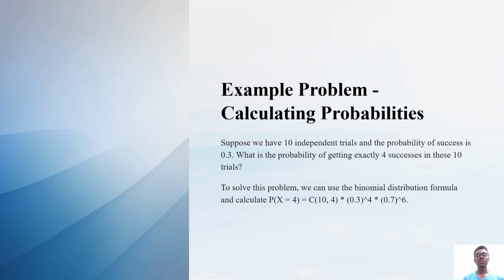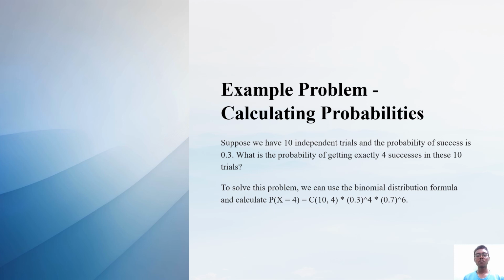These are the examples. Example problem for calculating probabilities. Suppose we have 10 independent trials and the probability of success is 0.3. What is the probability of getting exactly 4 successes in these 10 trials?